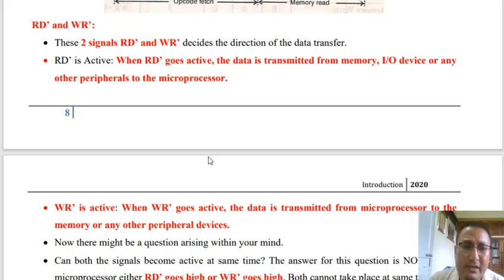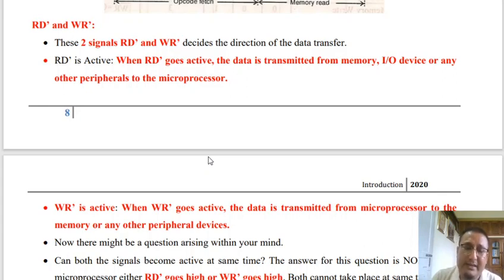Whenever read is activated, the data is transmitted from memory or IO devices or any of the peripheral devices to the microprocessor.